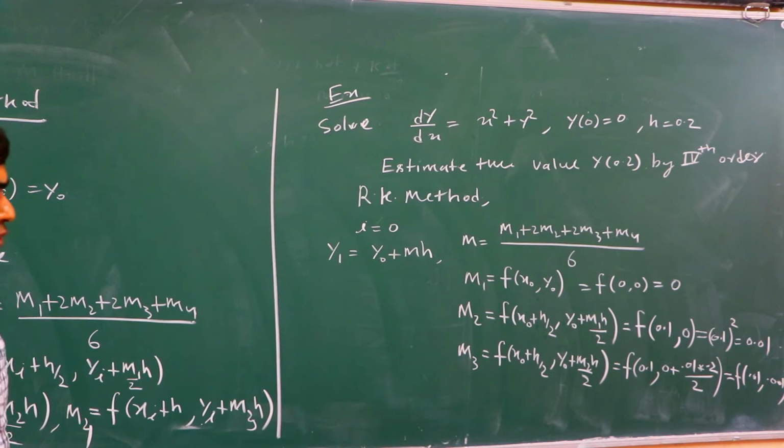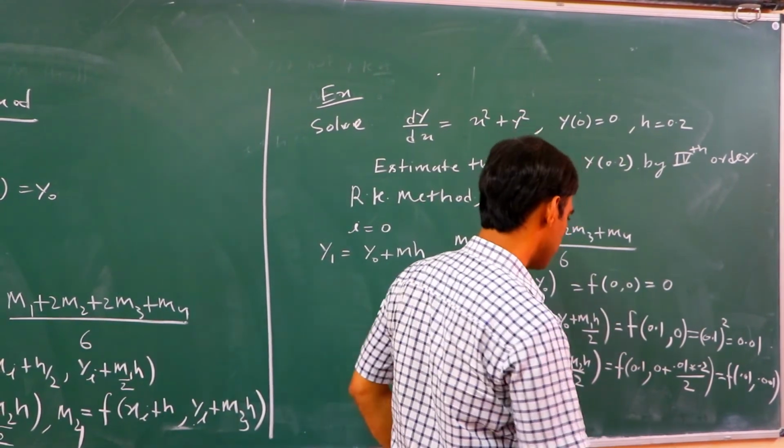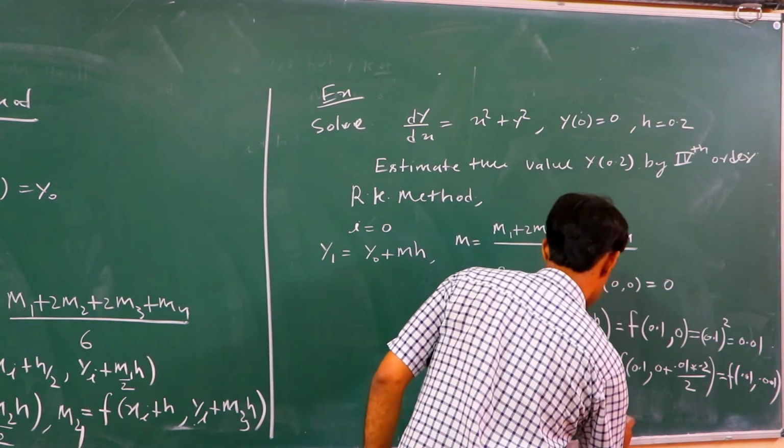If we put f of xi yi here, x square plus y square, then after simplification, what does this become?